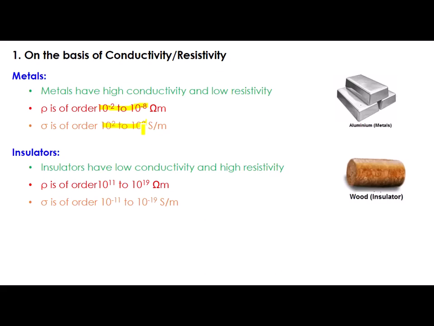After that, semiconductors are those which have conductivity which lies in between the conductivities of metals and insulators, and resistivity which lies in between the resistivities of metals and insulators.